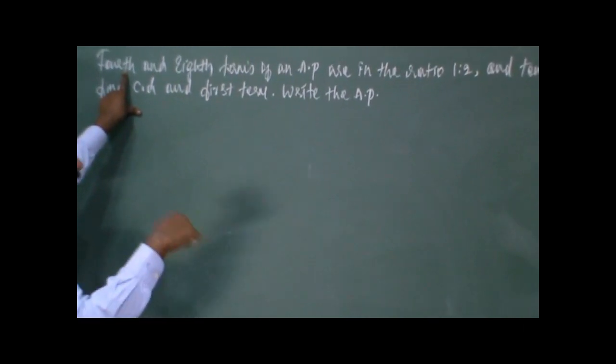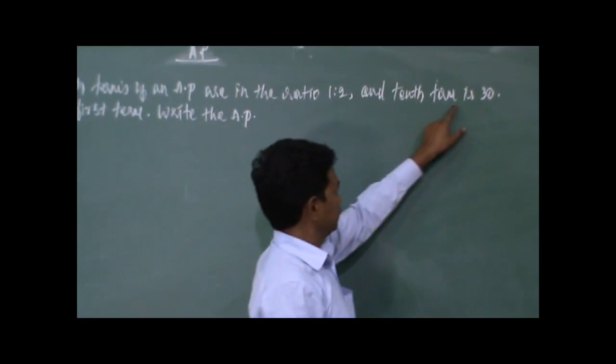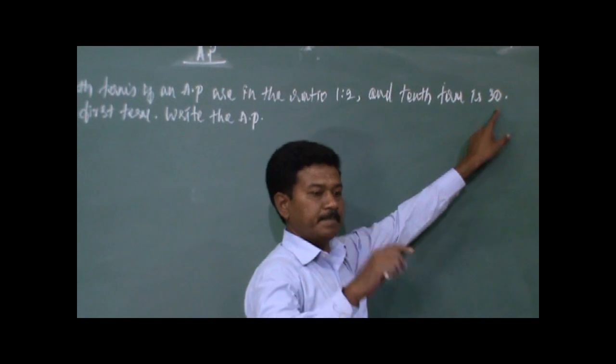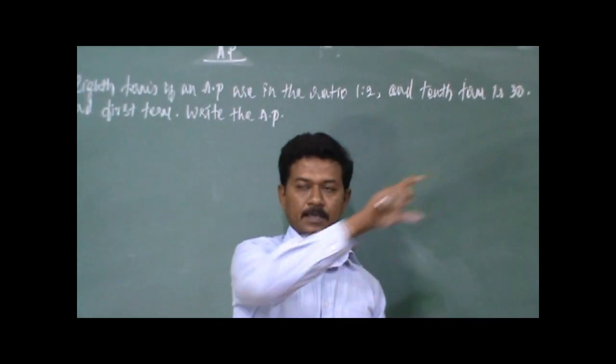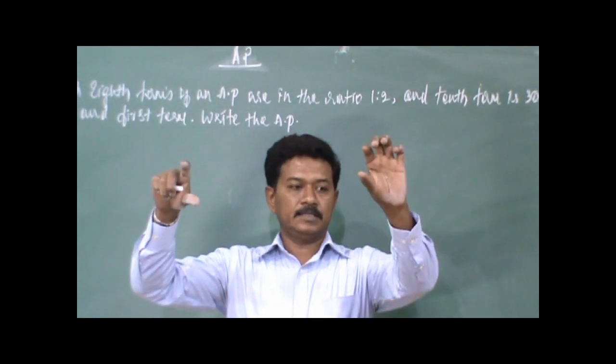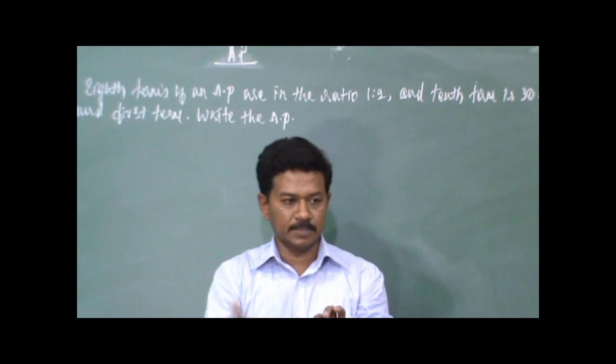And the 10th term of the same AP is 30. So the conclusion is this: imagine an AP. The 4th term is there, the 8th term is there. He has taken both the terms and brought them to the simplest form by cancelling.